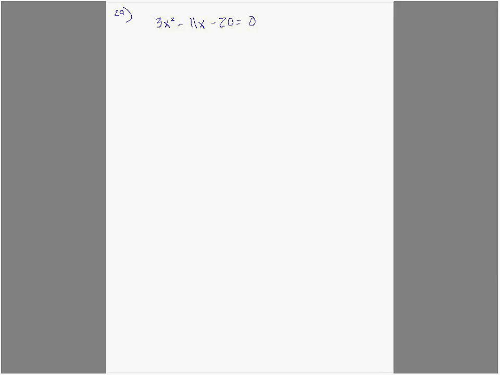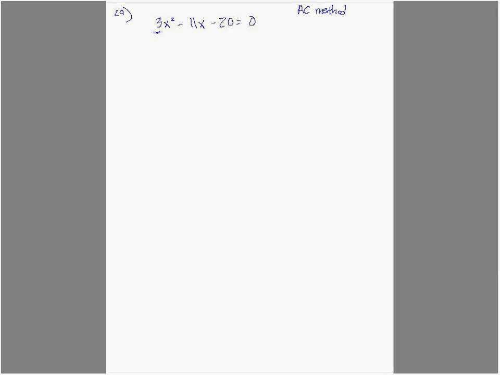Okay, we want to try to factor this equation. Anytime you have a coefficient in front of your x term, or whatever your variable is, you want to think about doing the AC method. Again, I can't see my screen. You might have to stretch yours.